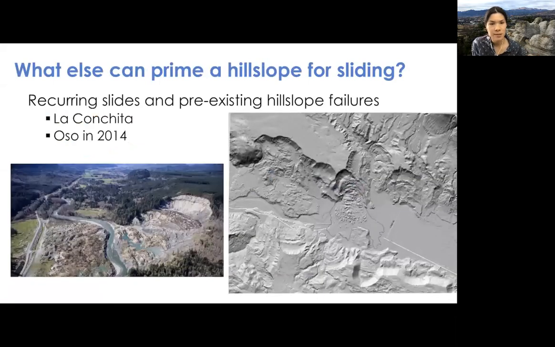Another example of this is the Oso, Washington landslide in 2014, and that failed suddenly and unfortunately destroyed a community on Stillwater Drive. It was a very unfortunate accident, but when we look at it from a geologic perspective, and we look at the landscape around it, we can see evidence that there were pre-existing hill slope failures that could have been used to warn this community.